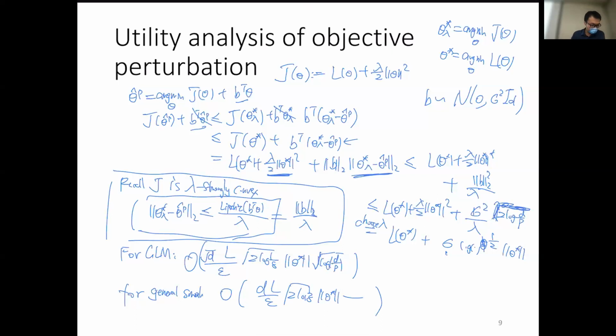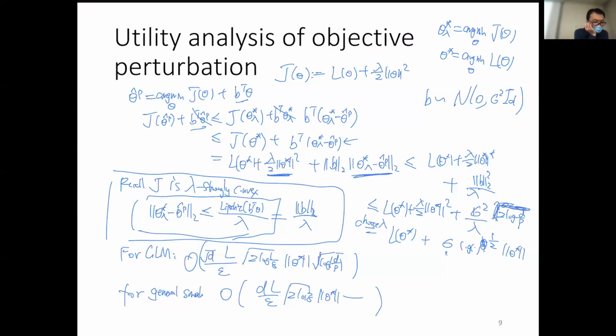Okay, so that handles the utility of the objective perturbation.